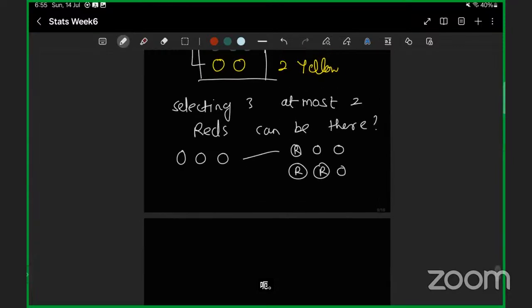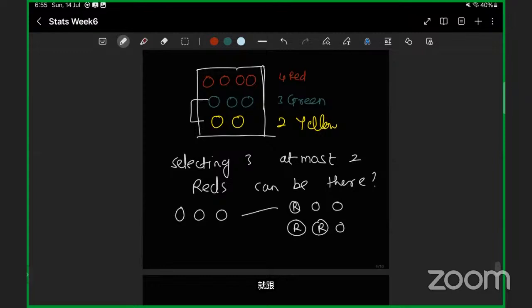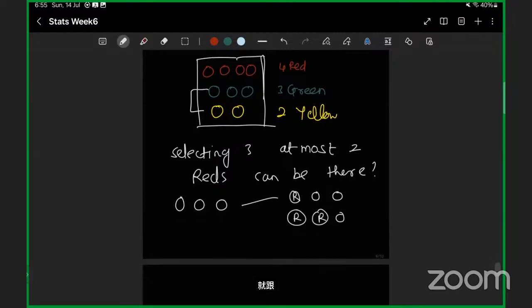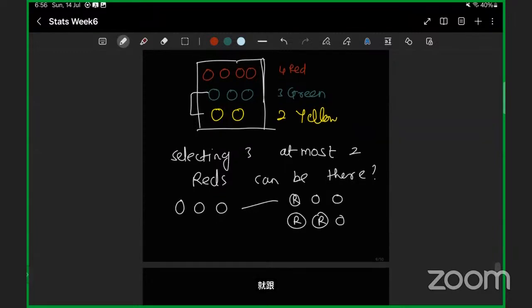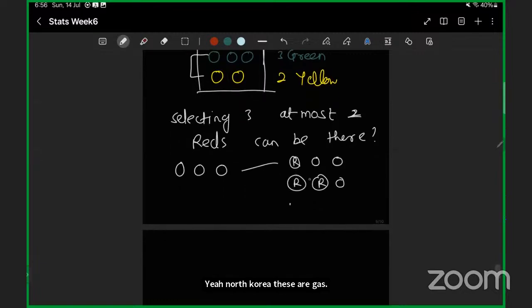That means no red is okay. Yes, no red is okay. But a red should either come one or two, and of course no reds are also possible.